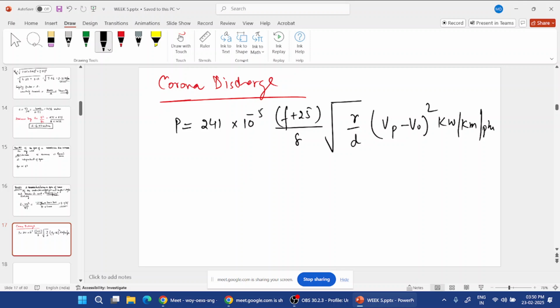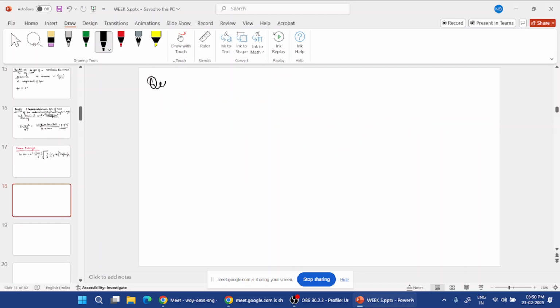This is the formula to calculate the corona discharge. So now the first question regarding this corona discharge, you can give the answer in the chat box, because these questions are much more understandable when we solve them through questions.